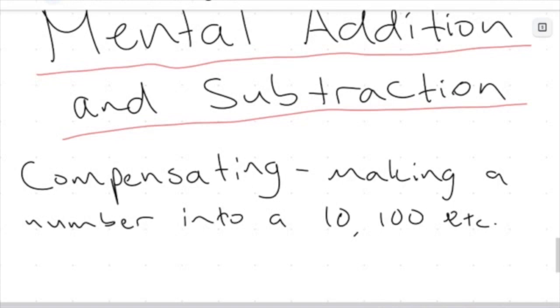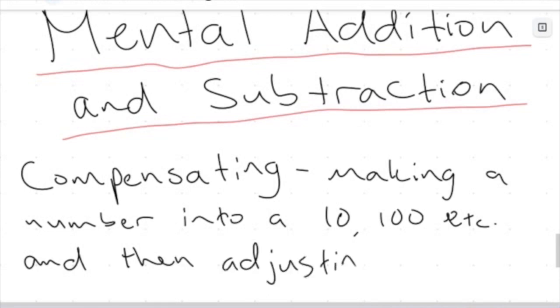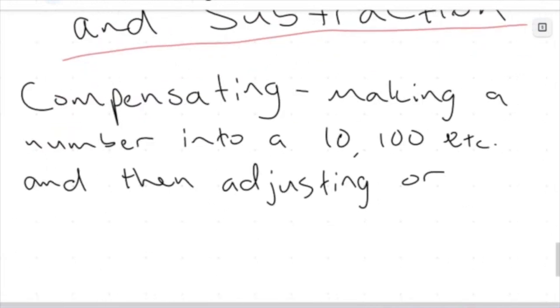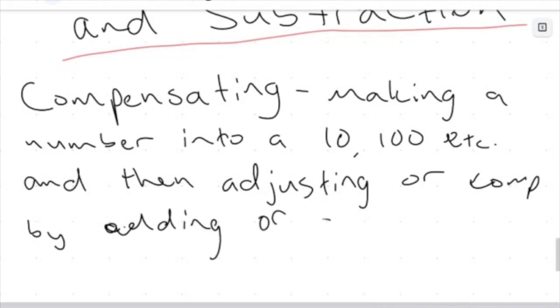So let me just get all this info down and we'll look at an example. So we have adjusting or compensating. I'm just going to write comp here, by adding or subtracting.